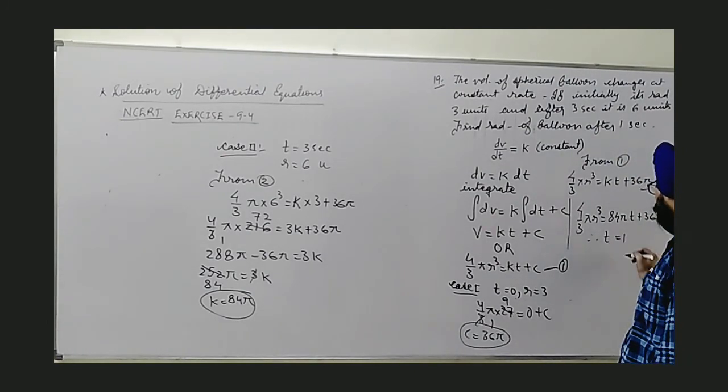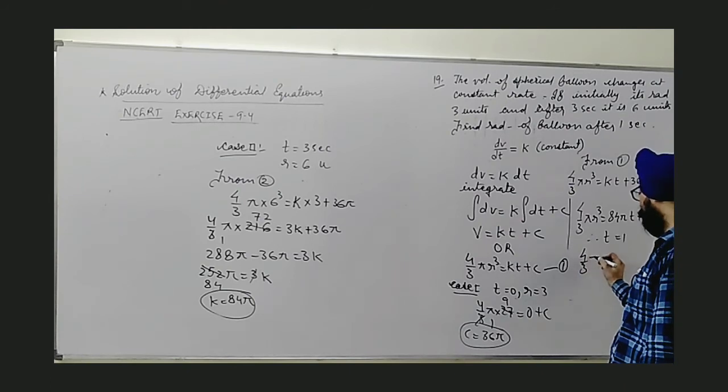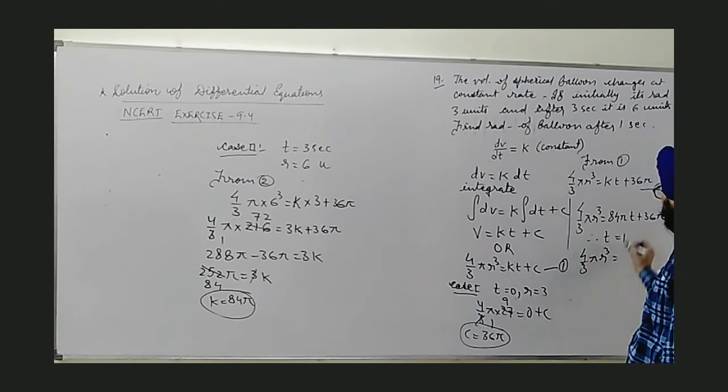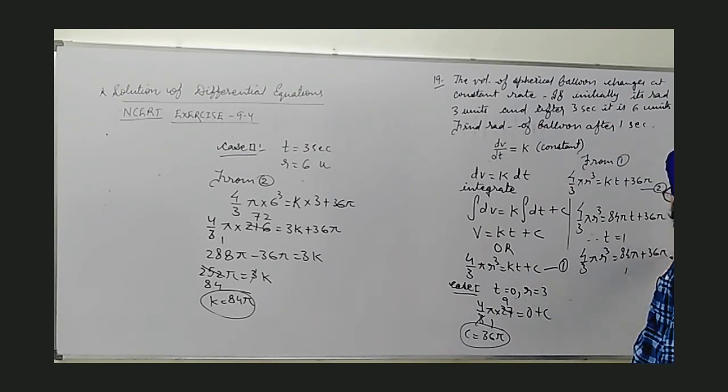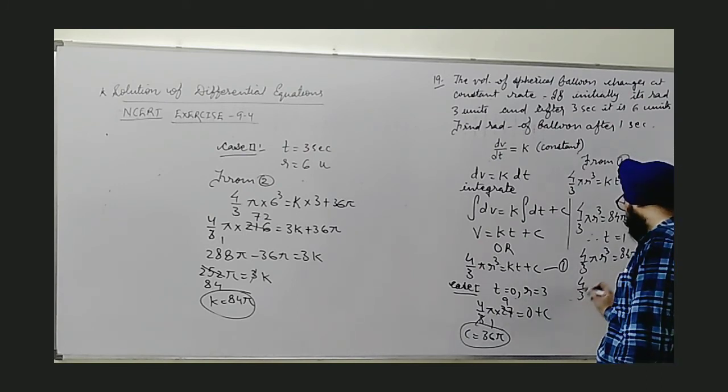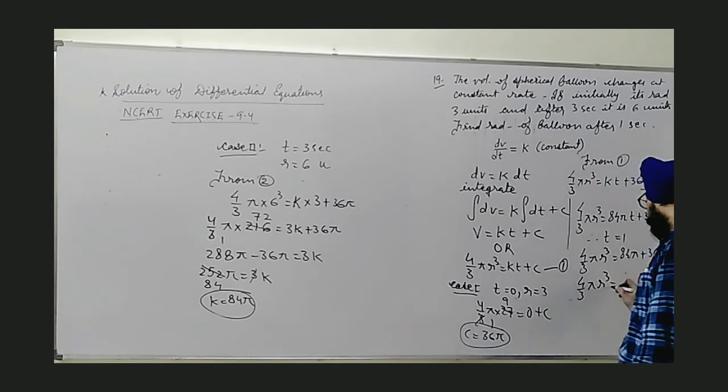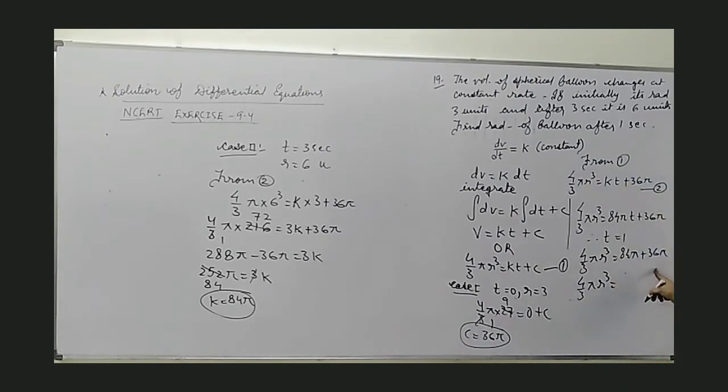Therefore for t equal to 1, 4 by 3 pi r cube equals 84 pi plus 36 pi. Solving, 4 by 3 pi r cube is equal to 120 pi. The pis cancel out.